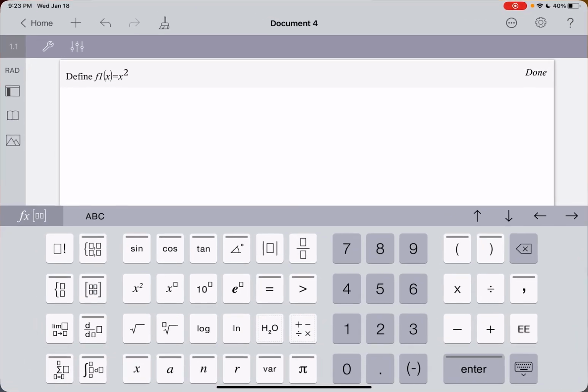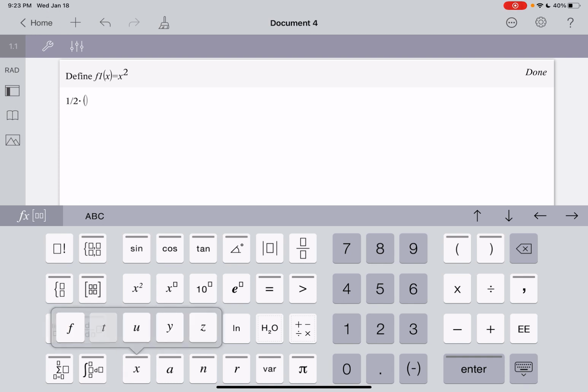So let's do that, guys. We're going to begin with our width of 1/2, and we're going to multiply that by a big set of parentheses now. Probably should have done just f and not f1, but here goes.